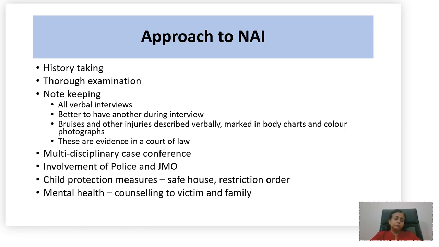Another most important thing is the mental health of the victim, counseling the victim and making sure that there is no re-victimization. That is why we have these multidisciplinary case conferences. I'll come to that in a minute. How to prevent re-victimization, and of course the counseling of the family is also important.